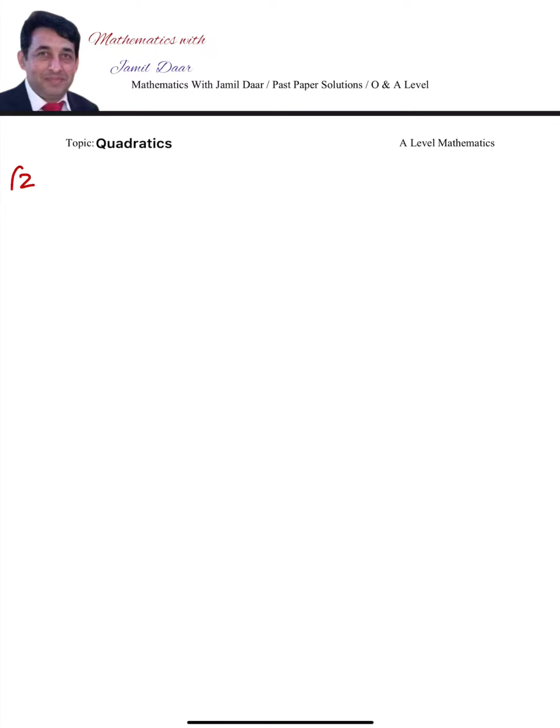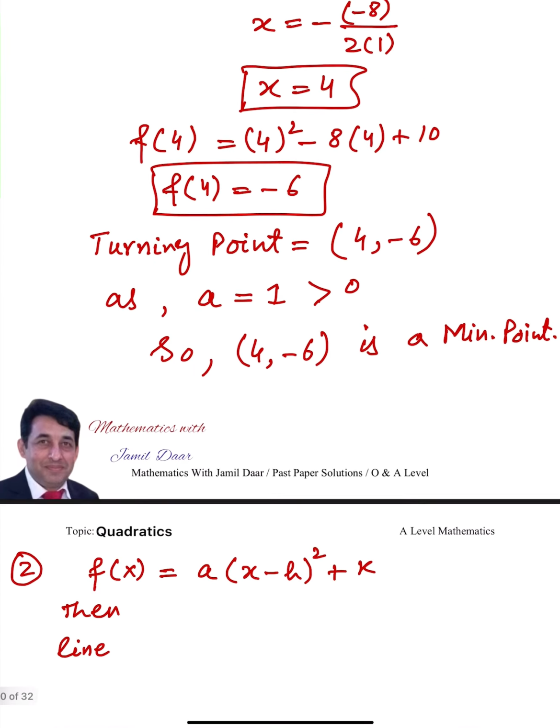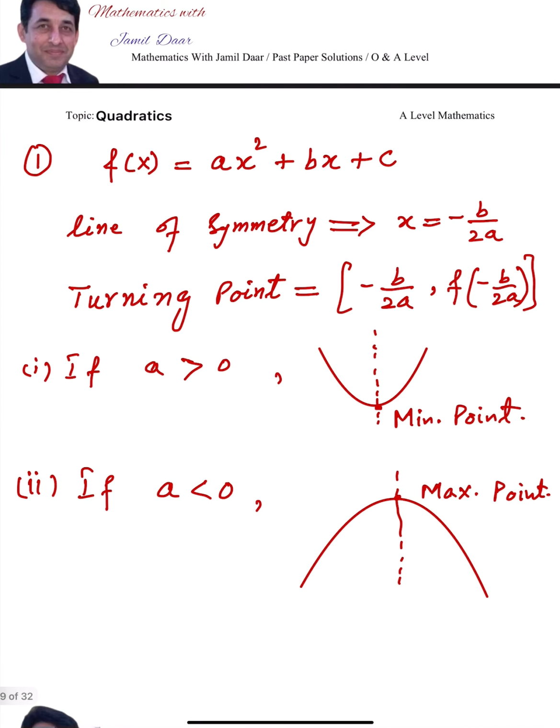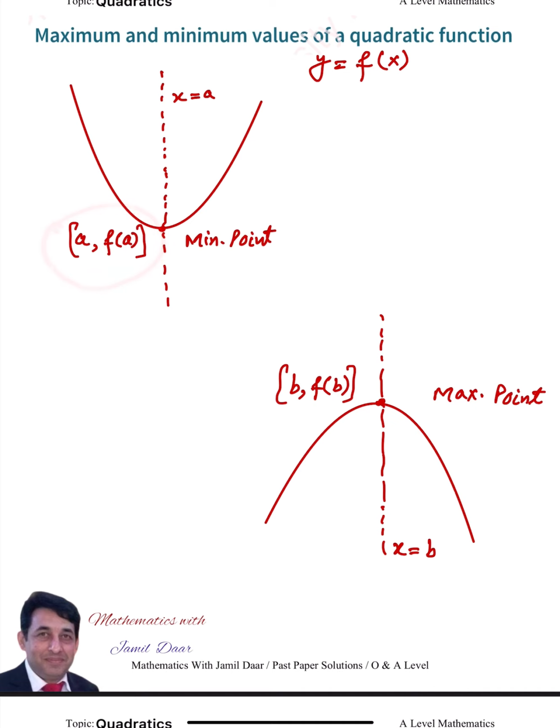And the next type of equation is completed square form. Number 2, if you have f(x) is equal to a times (x minus h) whole squared plus k, where a, h, k are constants, then the line of symmetry, as I told you before, if you find out the line of symmetry, that will help you find out the turning point.